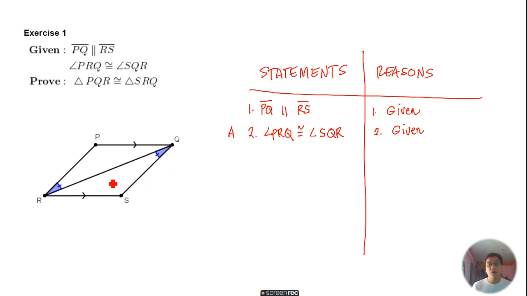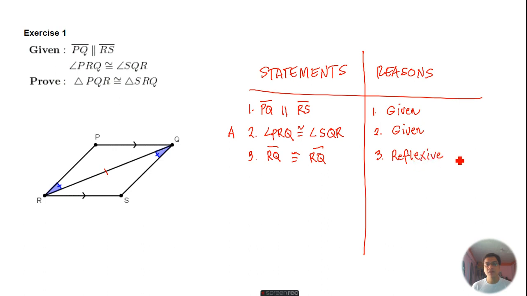In this case, we have this side, and because it illustrates the reflexive property, we can say that they are congruent. So number 3, let's write RQ. Side RQ is congruent to side RQ. Our reason there is reflexive property.